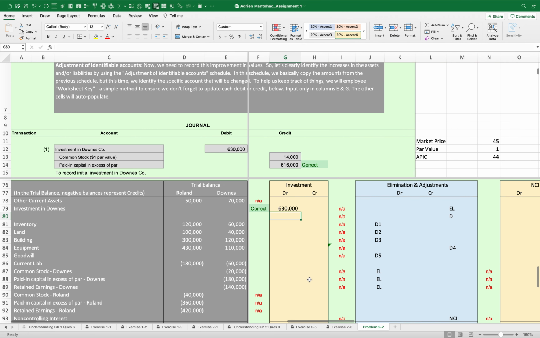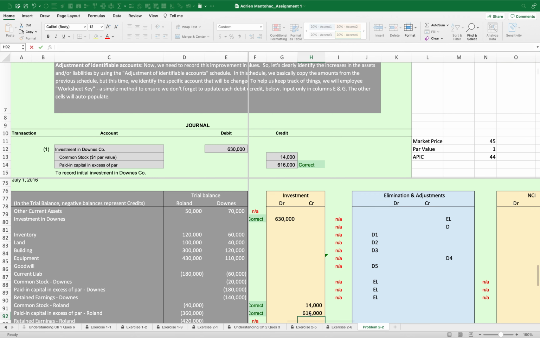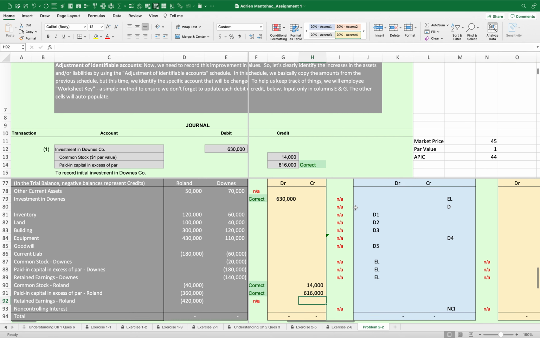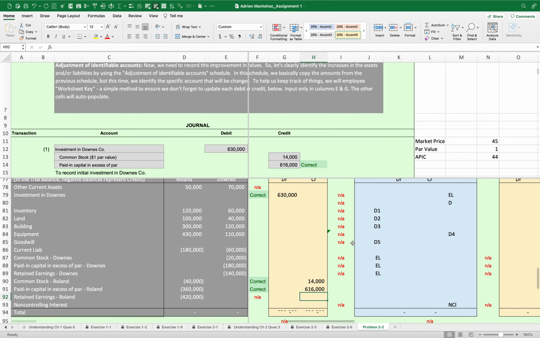Anytime we issue common stock, we have more common stock, which is down here for Roland, that's the parent company. And how much more? 14,000 and 616,000 respectively for par value, as well as paid-in capital in excess of par, right? And you can see that the correct markers show up here for us.